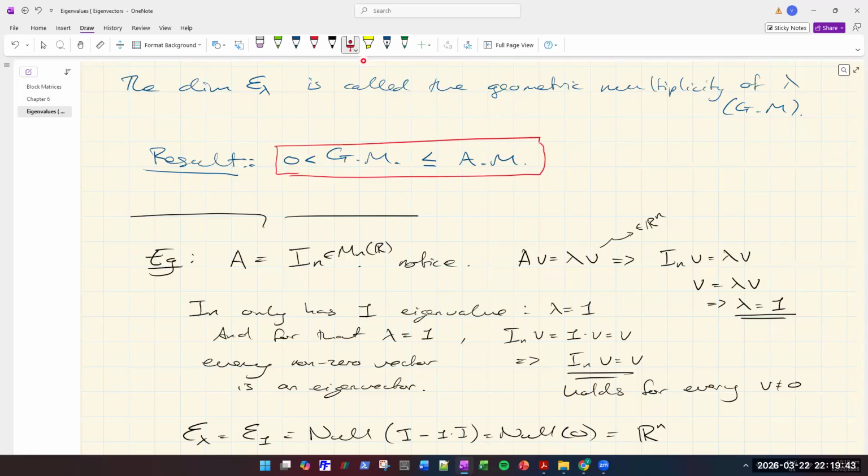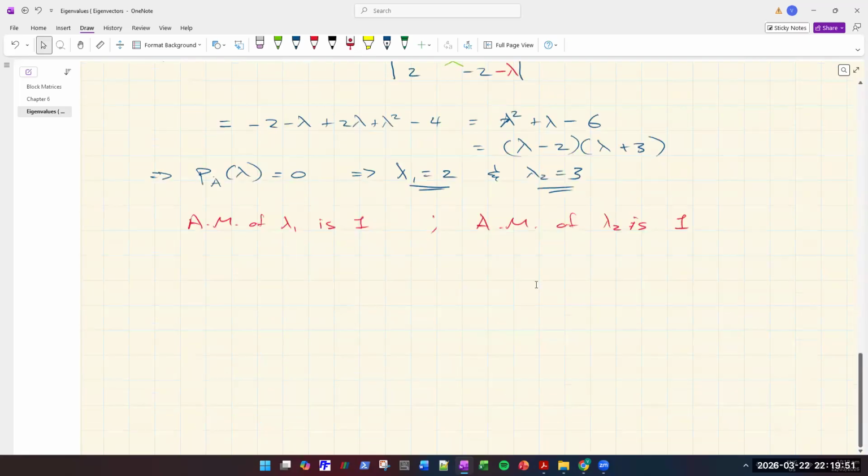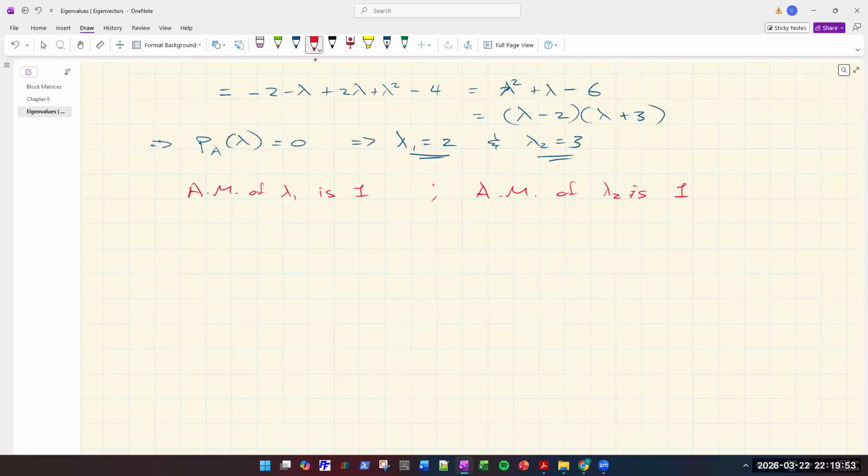Well, it's 1. So right away we know that the geometric multiplicity will be 1 for each of those spaces. So right away we don't even need to work it out. We could just figure it out. So the geometric multiplicity of lambda 1 will be 1, right? Of course, if the algebraic multiplicity was a bigger number than 1, then we would have to check. Right? And the geometric multiplicity of lambda 2 is 1.